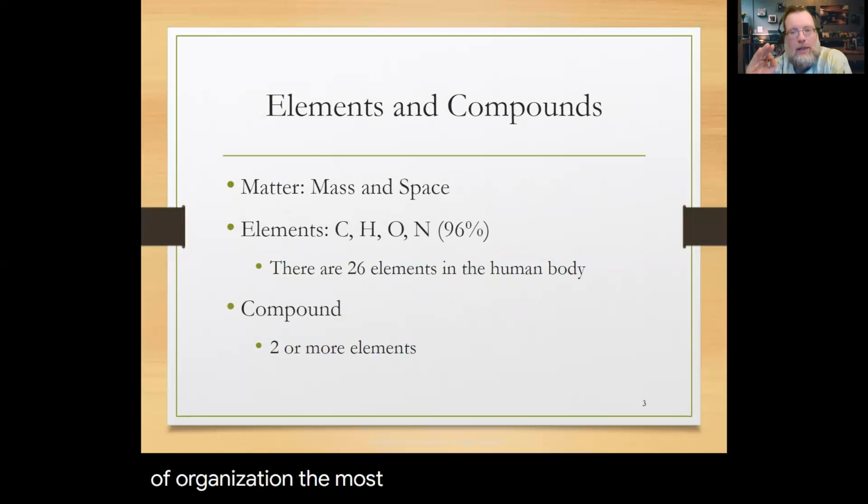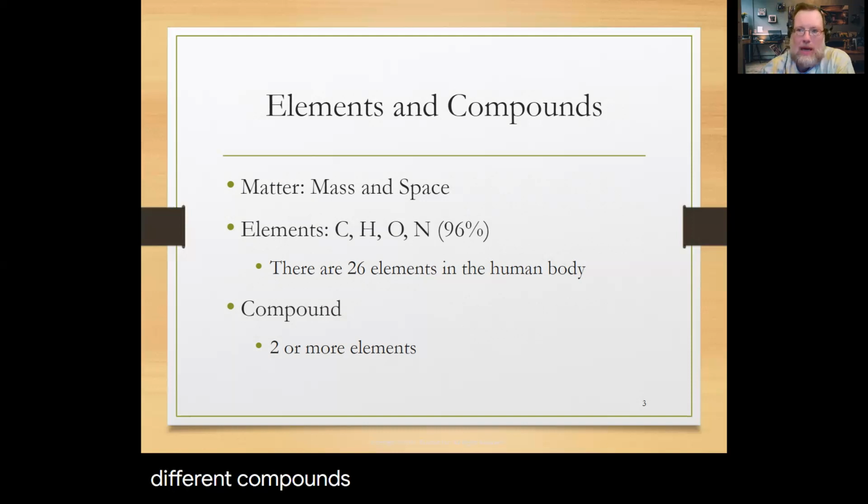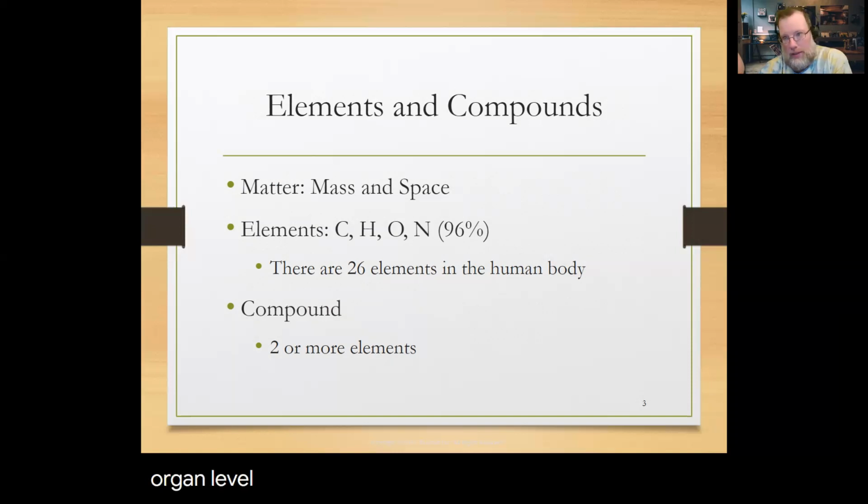The most basic general A&P where you started we're at the chemical level where we're dealing with different elements, different ions, different molecules, different compounds, bonding, all of that leading us to the cellular level of organization, and then the tissue level, the organ level, organ system, and finally the organism level.